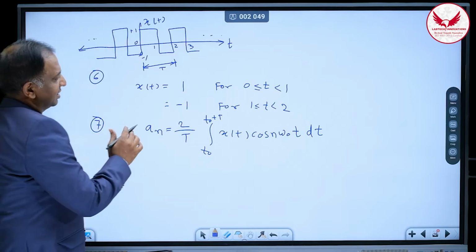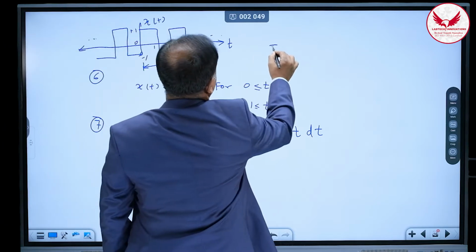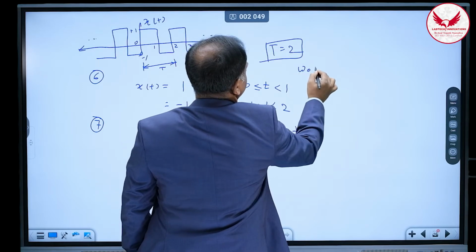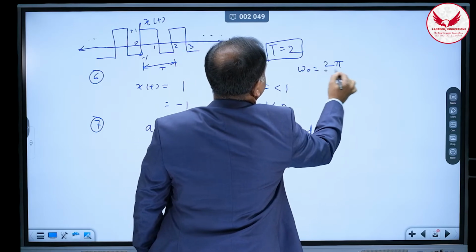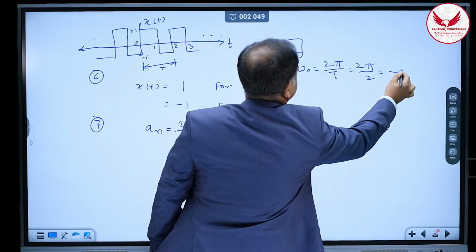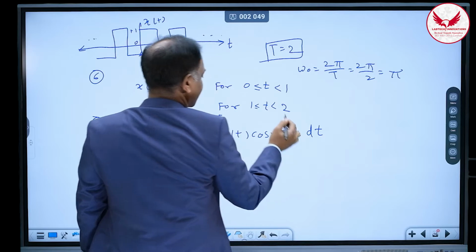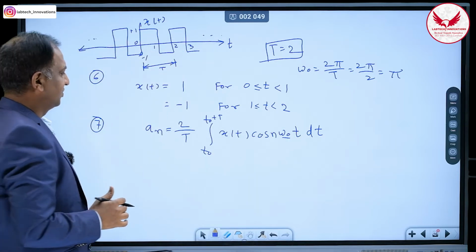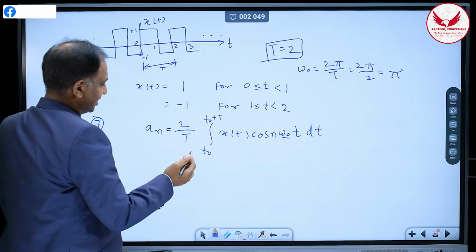The value of T we already know, I told you in the last slide, is equal to 2. So you can substitute this, and omega 0 is equal to 2 pi divided by capital T, which is 2 pi divided by 2, so this is equal to pi. Omega 0 is pi, and T is 2 by 2, that will get cancelled.